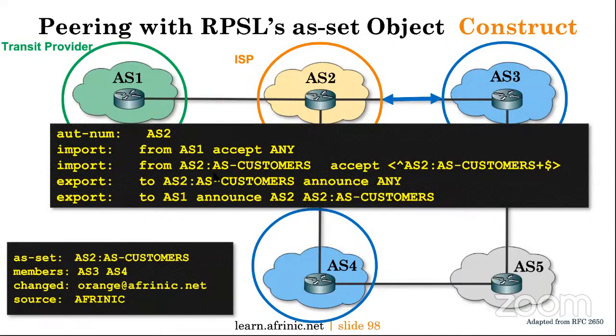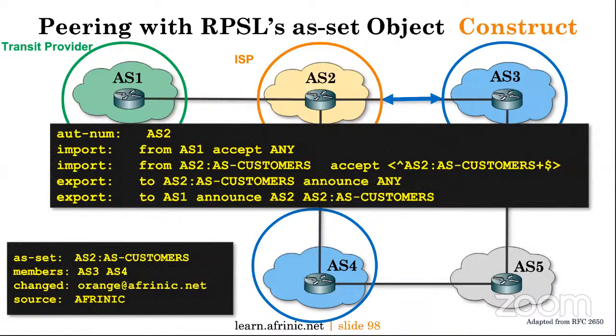From the AS set, that's AS3 and AS4, we're using the regular expression again on the AS set. So we're saying we're going to accept routes that originate from AS3 or AS4, but we put all of that within the AS set.